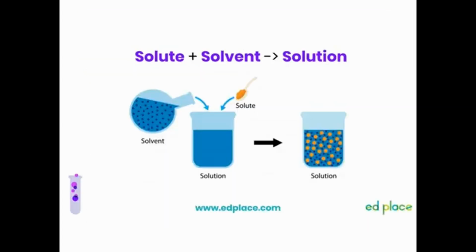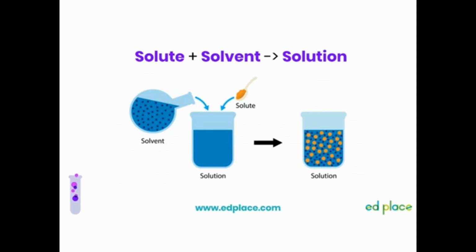Now, a solution is usually made up of two components, which is the solute and the solvent. An example, the solute is usually a solid, while the solvent is usually a liquid, but it can be more. You can have gaseous solute and solvent and the likes. But usually, the solute is the one that is being dissolved, while the solvent is the one that is dissolving.